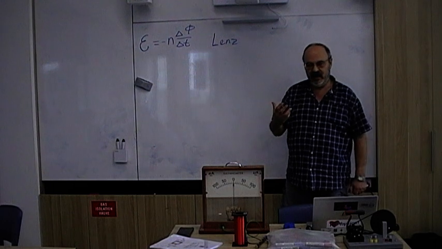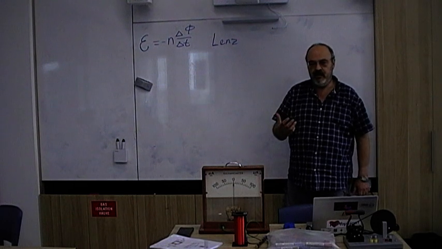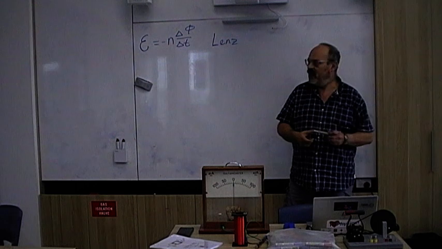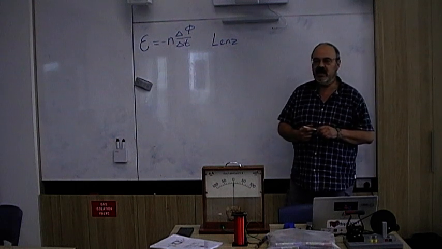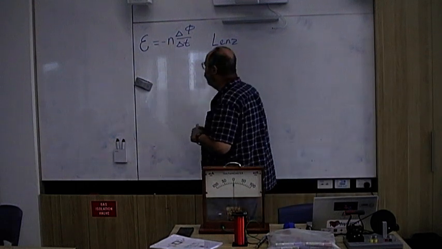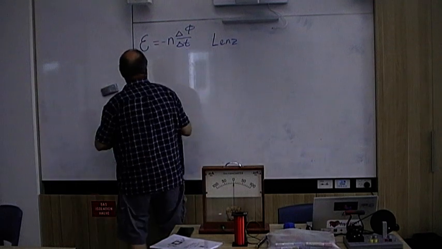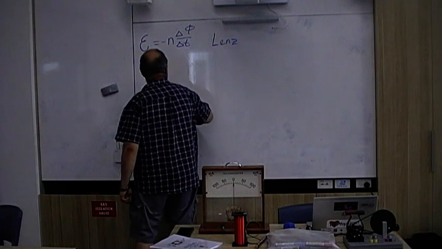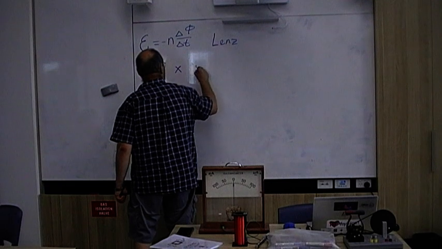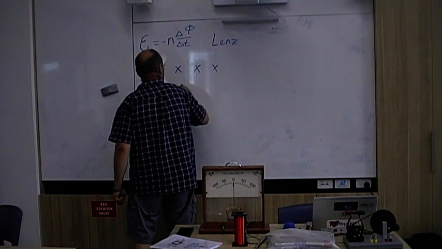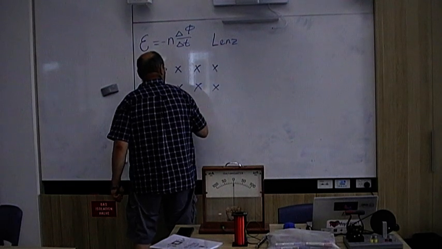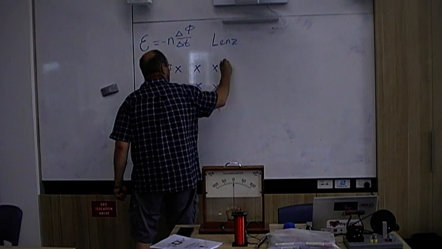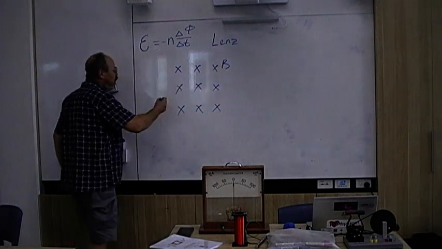So how do we apply Lenz's law? Here are the steps that you must follow, and let's consider an example. Let's say we have a magnetic field into the page, into the board, and a square coil.